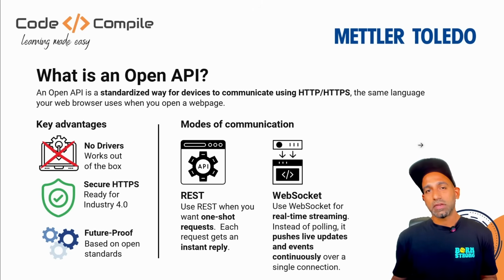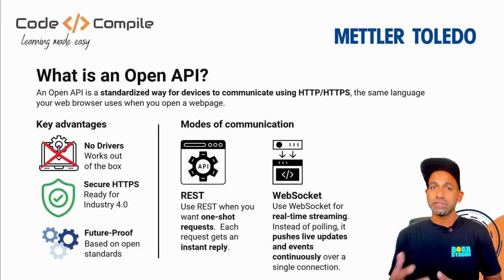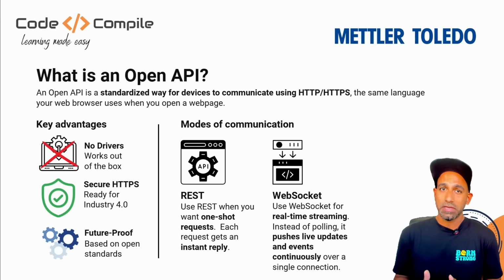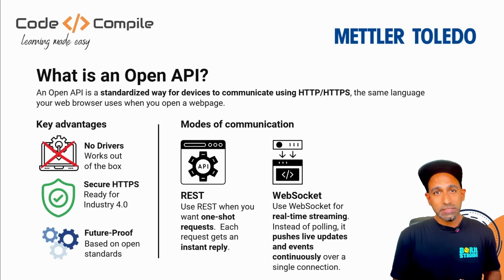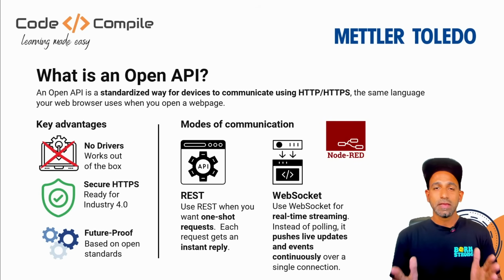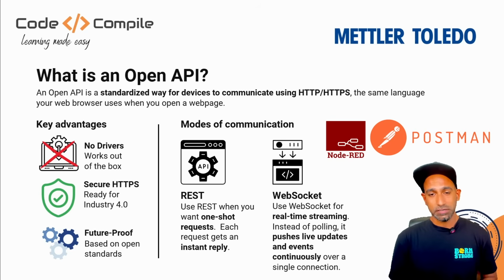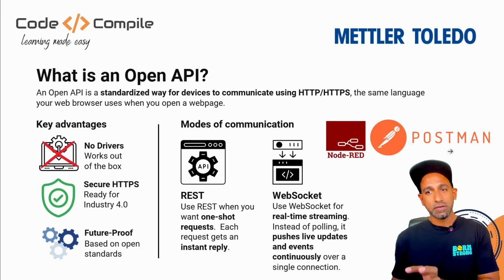Another one is WebSocket. If you need continuous streaming of data, then you can use a WebSocket. We're going to see a live demo of both of them, how we can communicate with our IND400 via REST or via WebSocket for continuous streaming of data. I'm going to use Node-RED and Postman as my interface to connect to IND400. So let's begin with the REST.